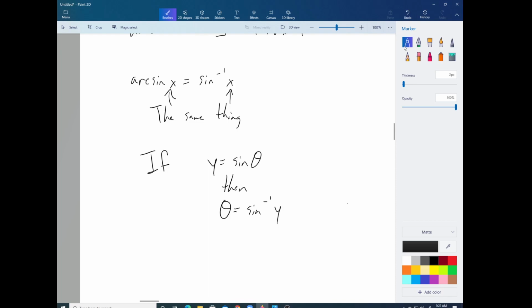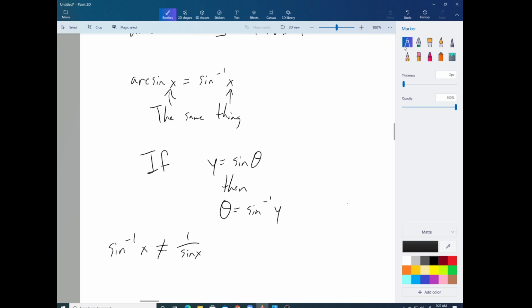Again, I'm not positive why we have two different versions of the same thing. It might be that some people got confused by this notation, because remember, this does not mean 1 over sine. But typically when we see that -1 as an exponent, that's what it means.